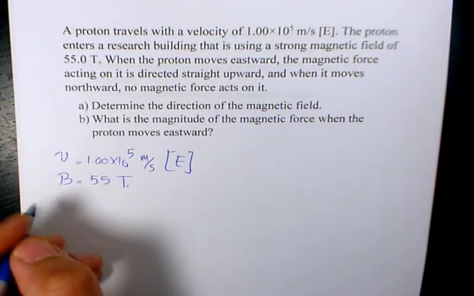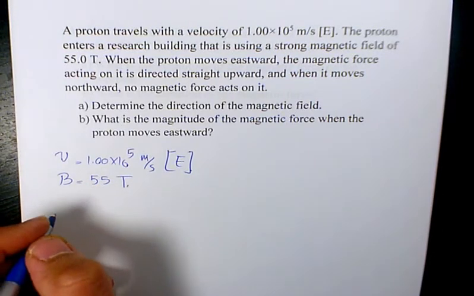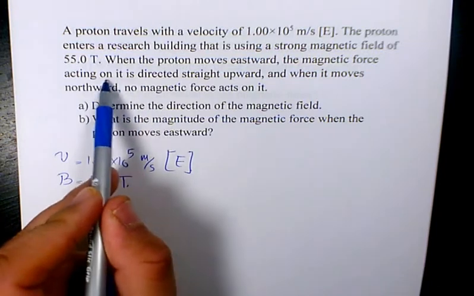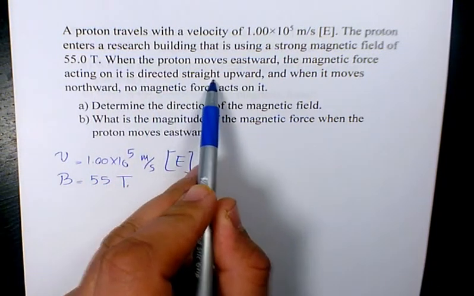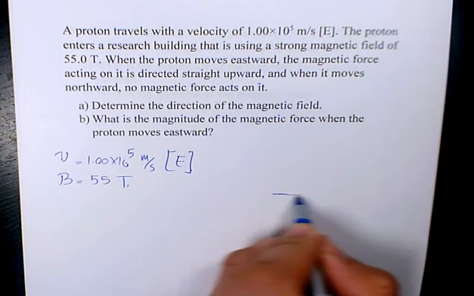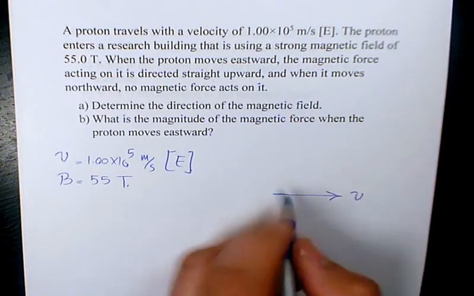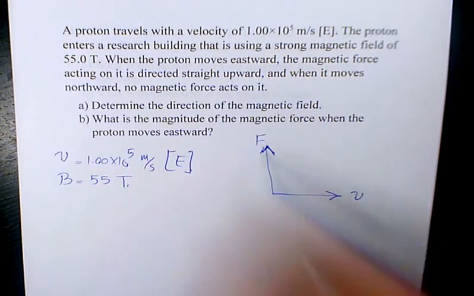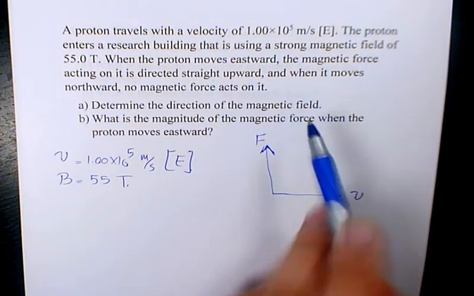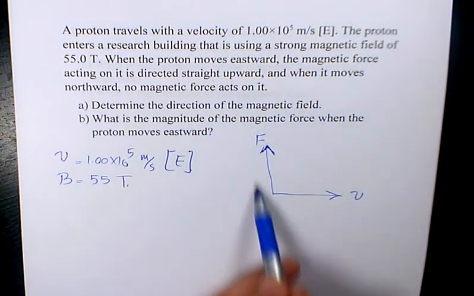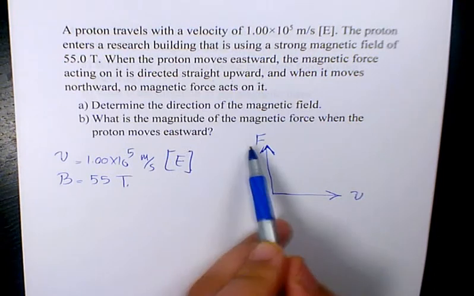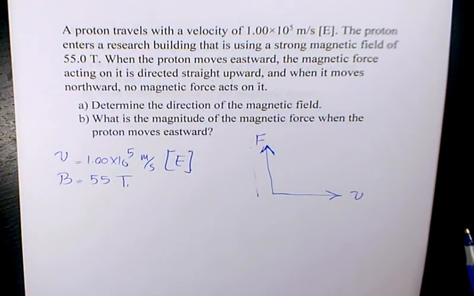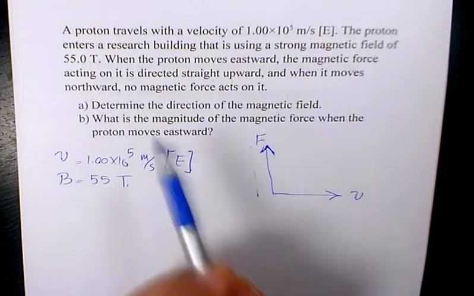When the proton moves eastward, the magnetic force acting on it is directed straight upward. It means that the velocity is this way. Magnetic force is going in north. And when V is northward, there is no magnetic force acting on it. It makes sense.